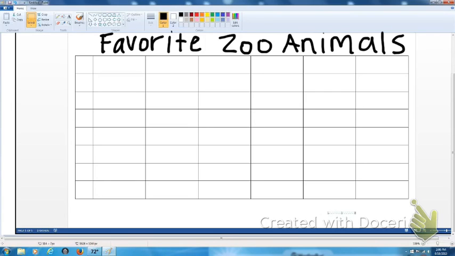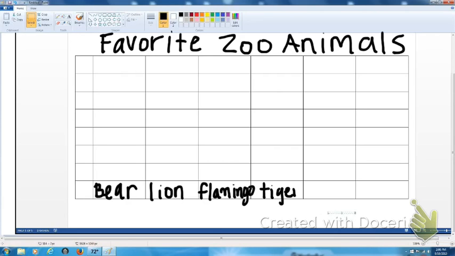So we had a bear, a lion, flamingo, tiger, snake, and our big friend, the elephant. So now we have our title and we have completed our labels.